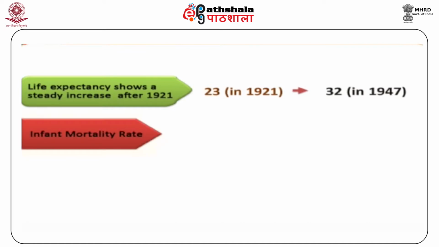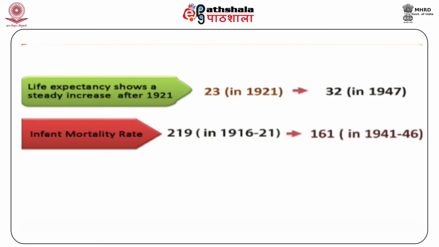Infant mortality rate was high and did not change much in the first 2 decades of the 20th century, but it showed a downward trend especially from the 1920s. From 219 in 1916 to 1921, IMR came down to 161 in 1941 to 1946, and this decline started in 1921, becoming steady after 1940.